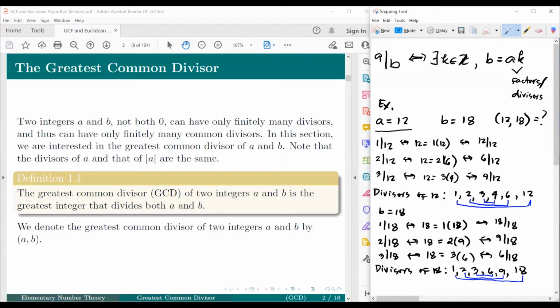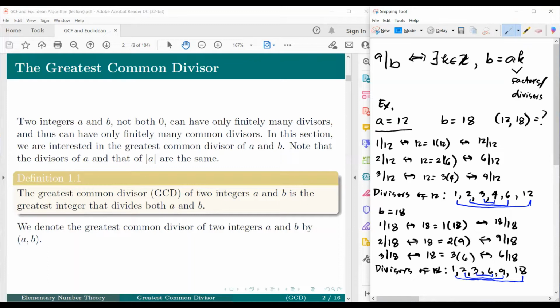Now from this, we can get the greatest common divisor. It is the greatest integer that divides both a and b.